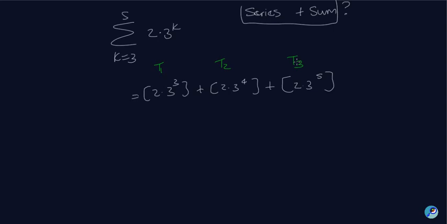So sometimes, to know how many terms we will have, how do we get the number of terms? The number of terms is equals to top minus bottom plus 1. So in this situation, our top is 5 minus bottom 3 plus 1.